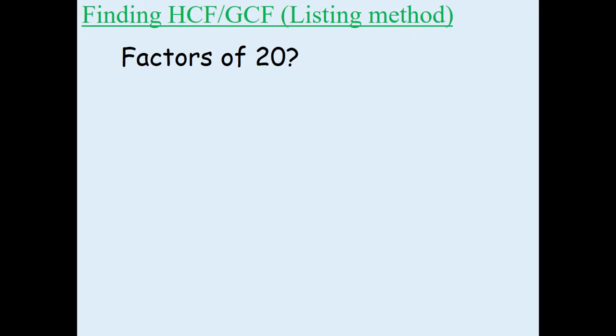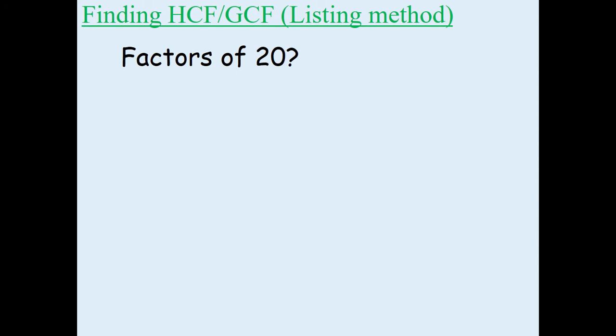Let's go on to HCF or GCF. HCF stands for highest common factor, and sometimes they refer to it as GCF, which is greatest common factor. And we're going to be using the same listing method. We're going to list the factors, identify the common factors, and then the highest one will be our HCF.